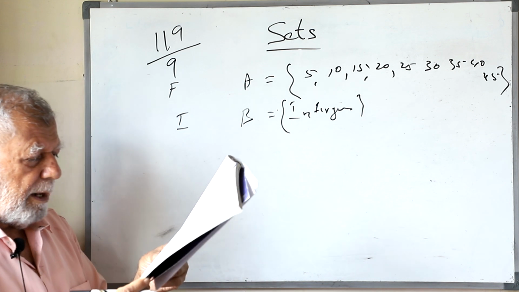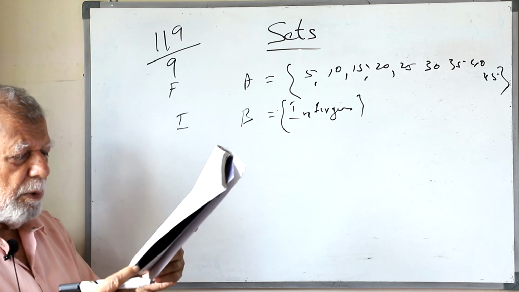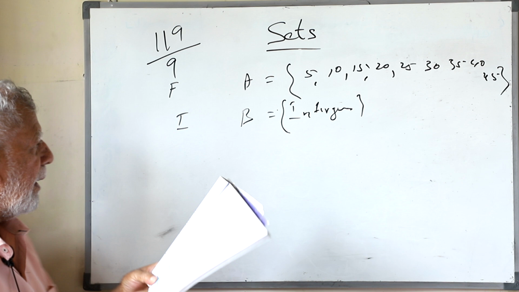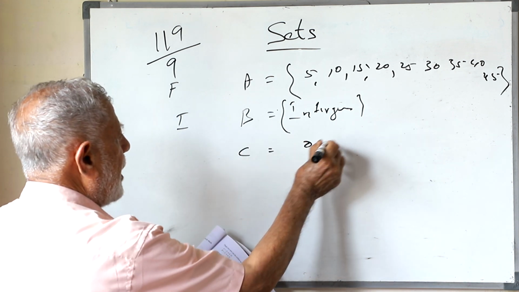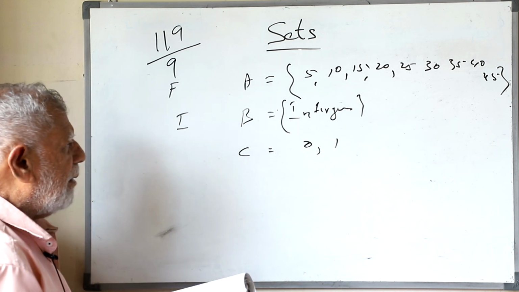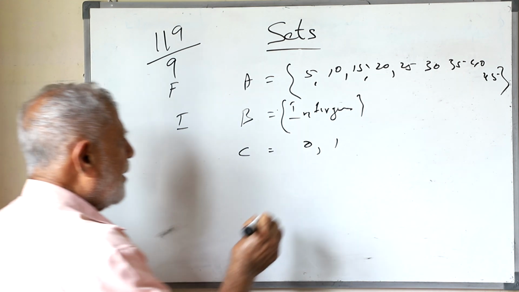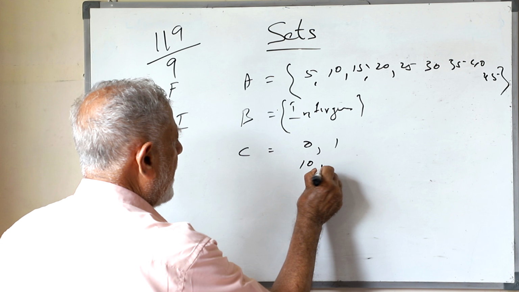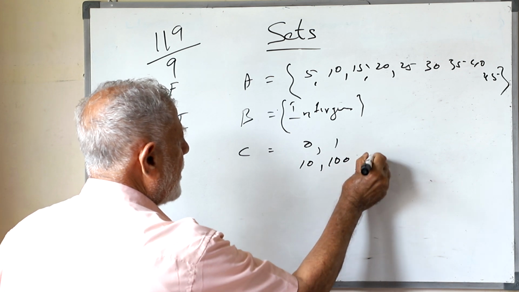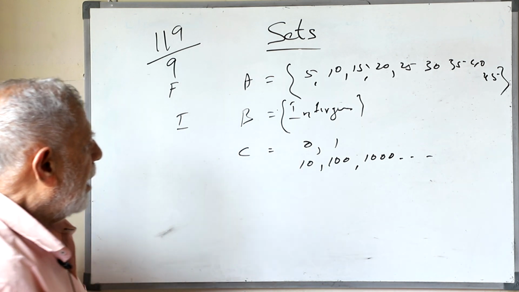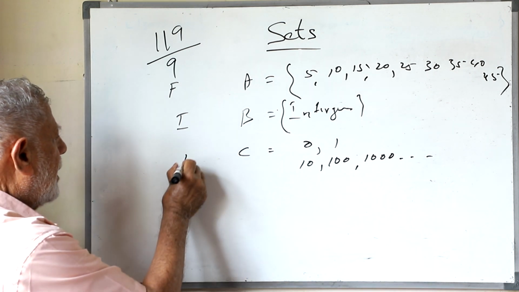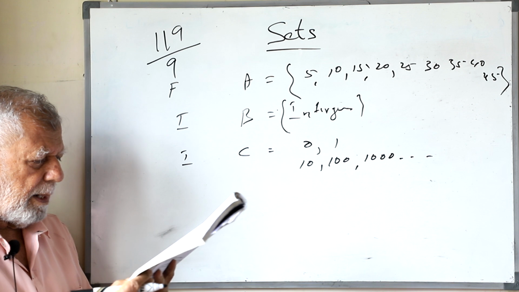Third one: numbers that can be written using only the digits 0 and 1. With 0 and 1 we can write quite a lot of numbers. You can put 10, 100, 1000 and so on. So that's also indefinite.